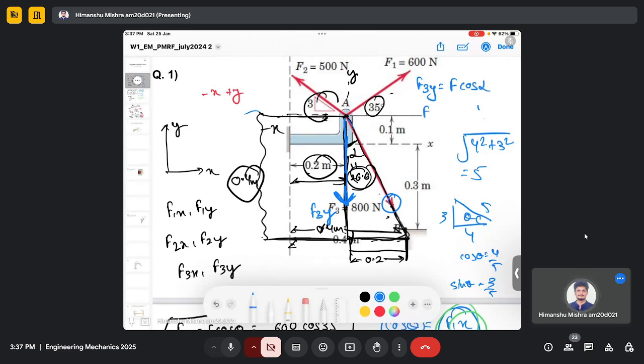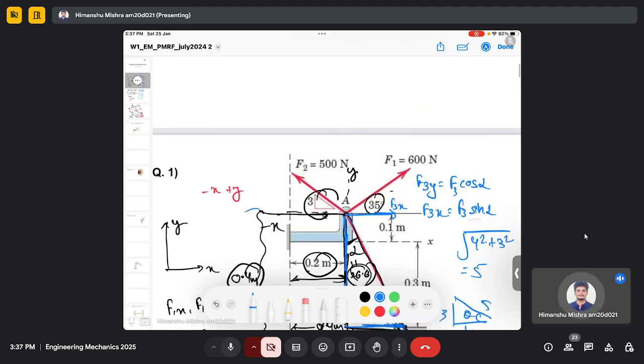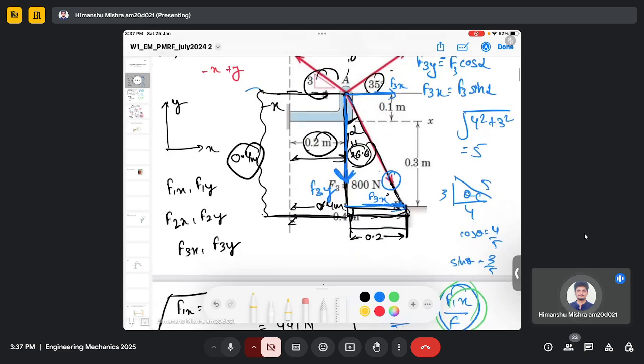And my f3x, which is in this direction, will be f3 sine alpha.